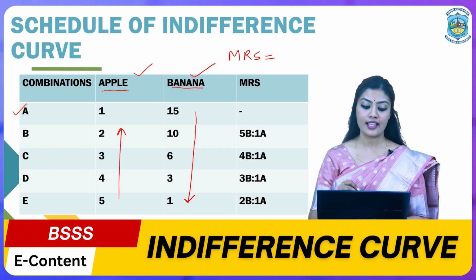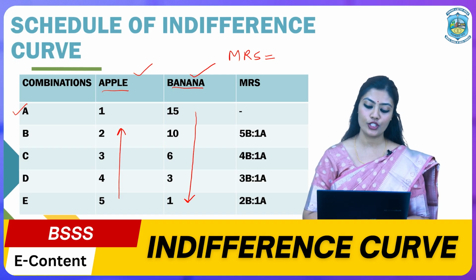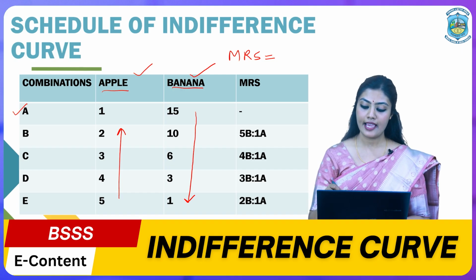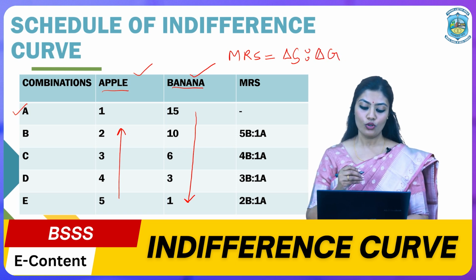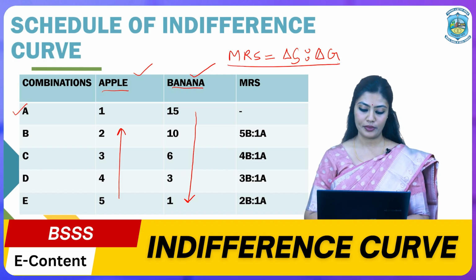So, in this case, a consumer is ready to sacrifice some bananas so that he can get an additional unit of apple. Mathematically, MRS is the ratio of change in sacrifice to change in gain. So, let us try to find out MRS for each combination.